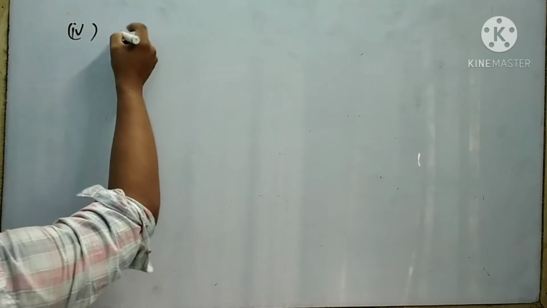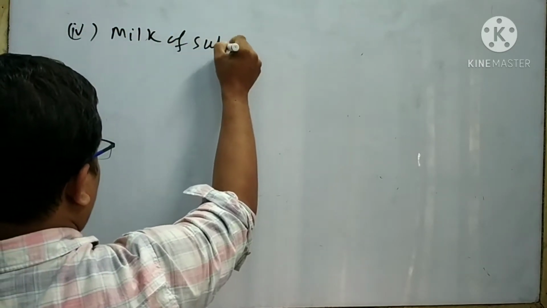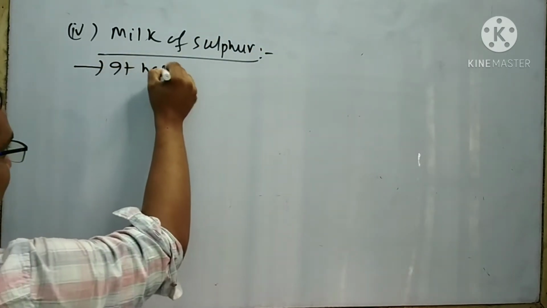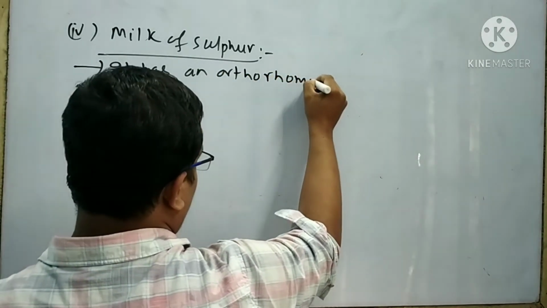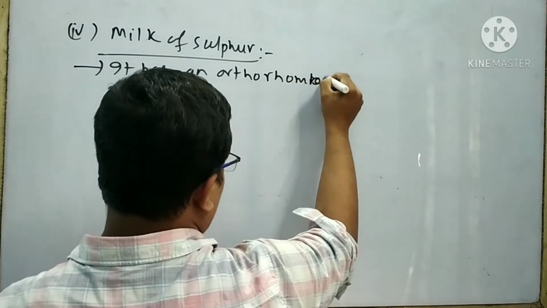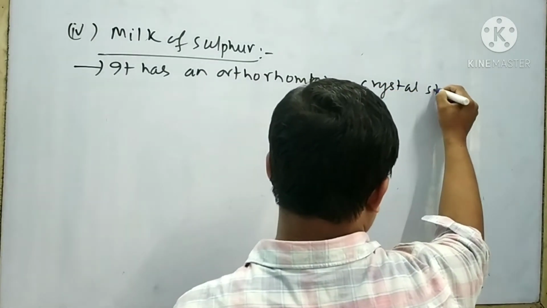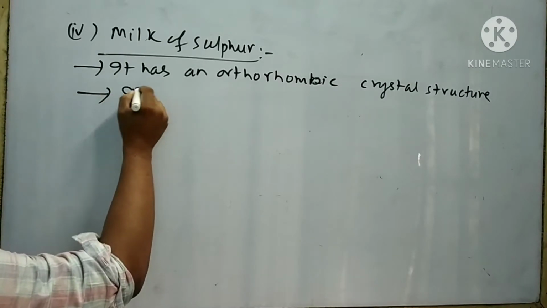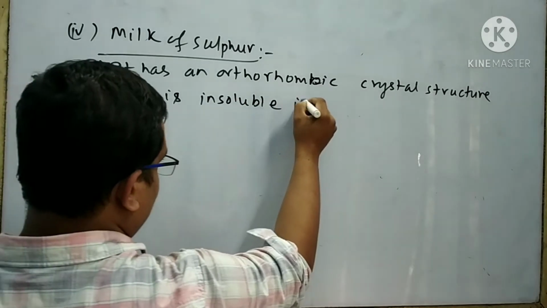Next allotropic form of sulfur is milk of sulfur. It has an orthorhombic crystal structure. It is insoluble in CS2.